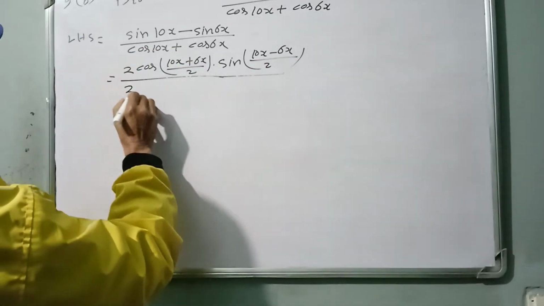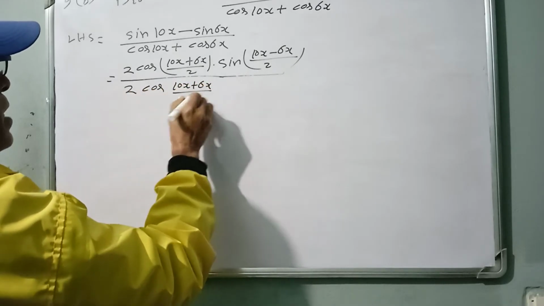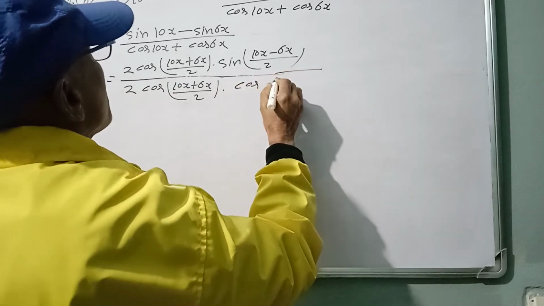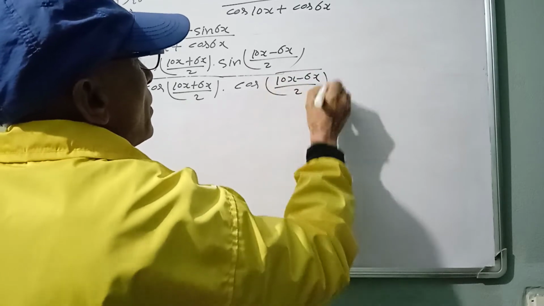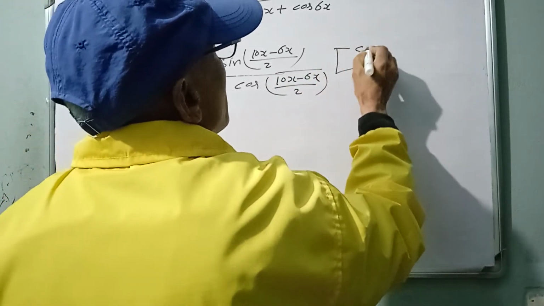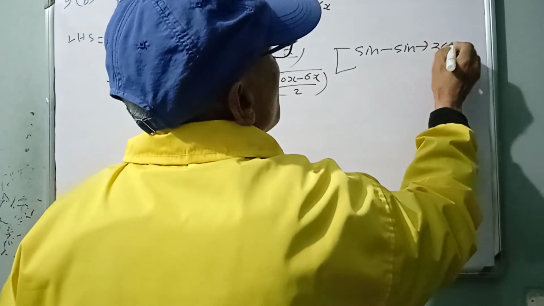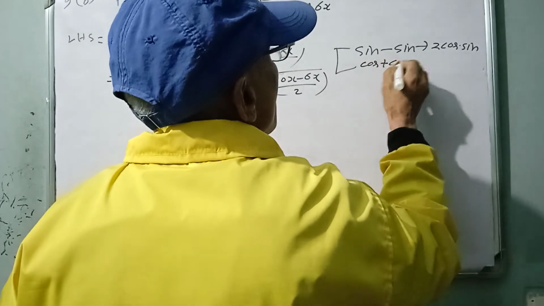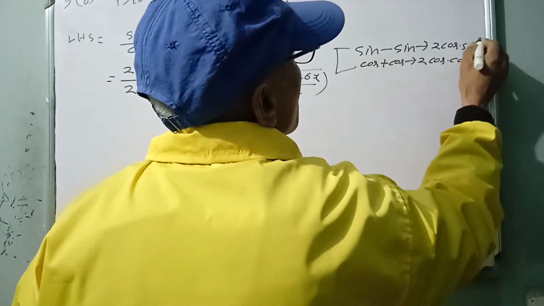This is A, this is B. Cos plus cos, 2 cos A plus B by 2 into cos A minus B by 2. Formula: sin minus sin, 2 cos sin; cos plus cos, 2 cos cos.